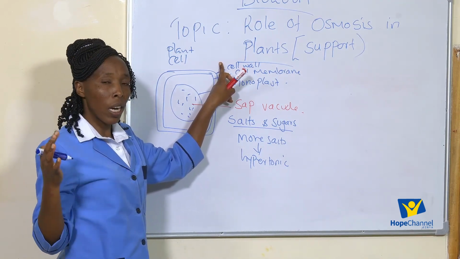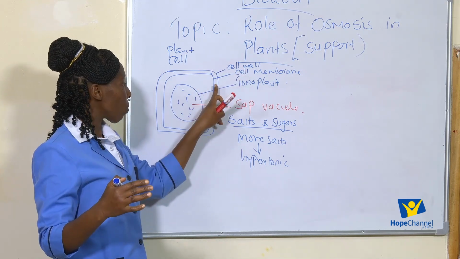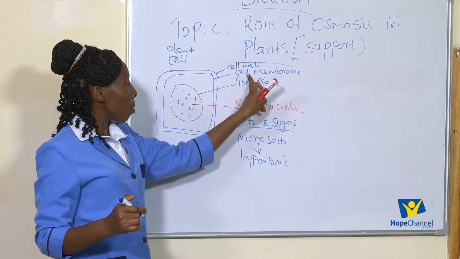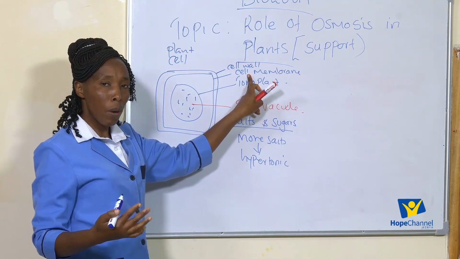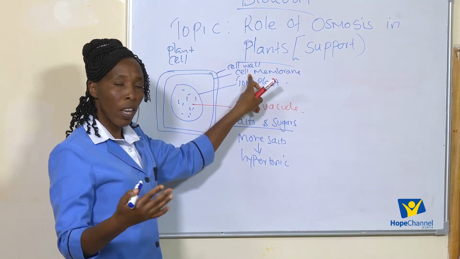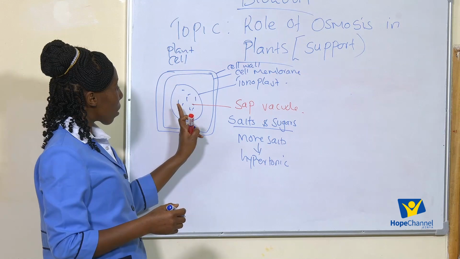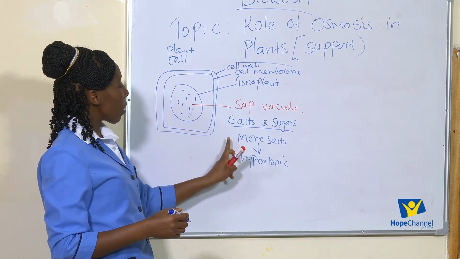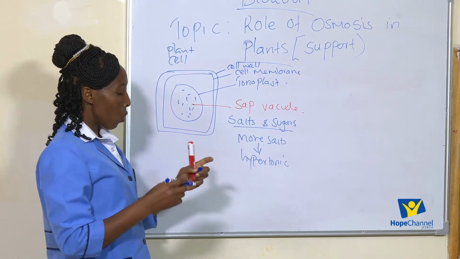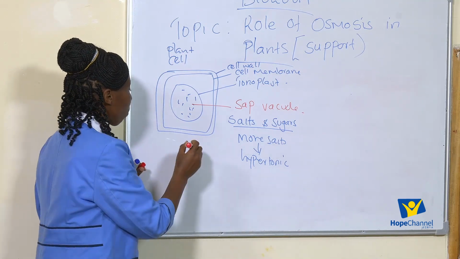Permeable means it allows all substances to move in and out of the cell. And then the cell membrane, usually we say it is semi-permeable. So it allows some substances to move in and out of the cell. So when this sap vacuole is hypertonic, you expect the plant to draw in water by osmosis.